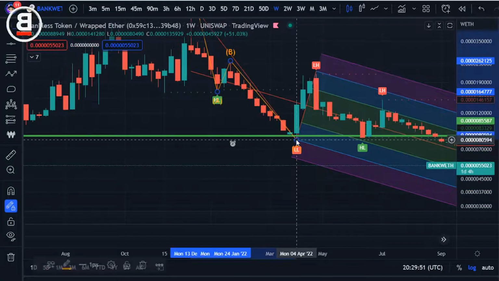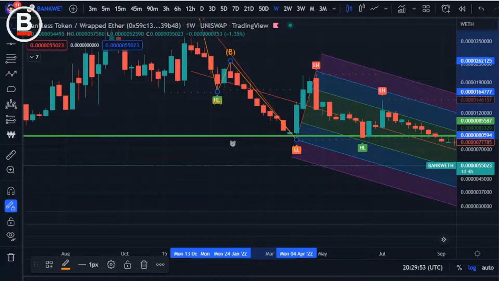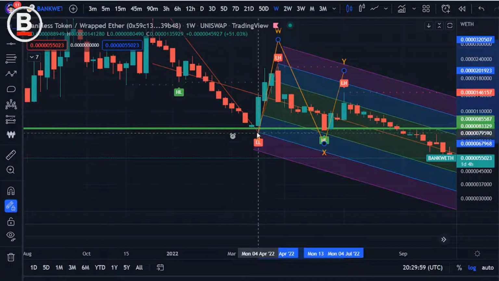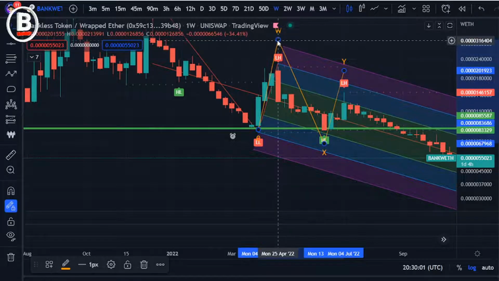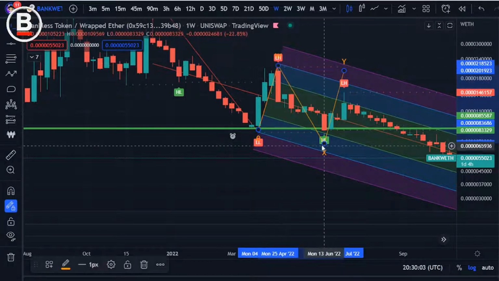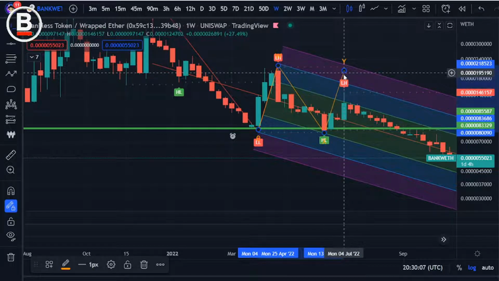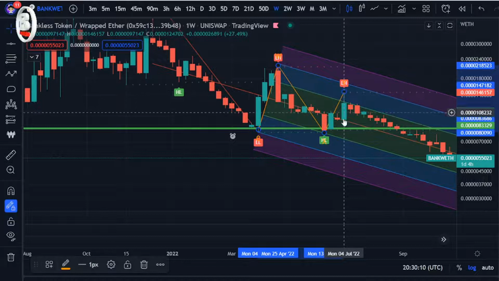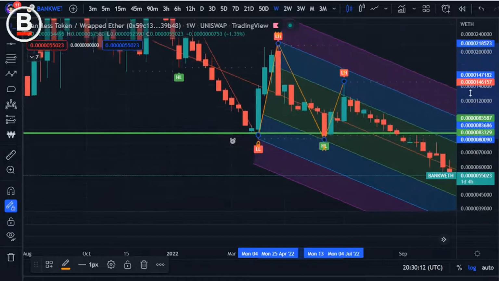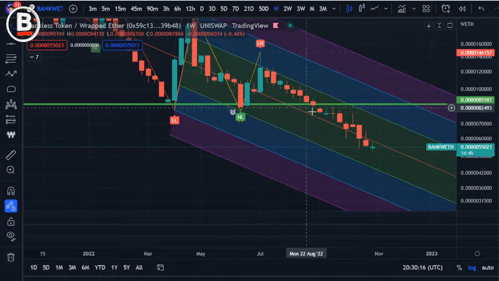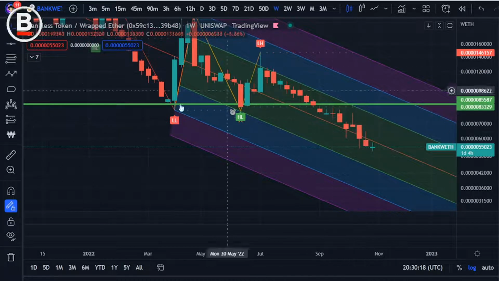This is one pattern. We have a three-wave move here. So 3-3-3 or 3-3-5 will be what we ultimately want to look at as we move down here.